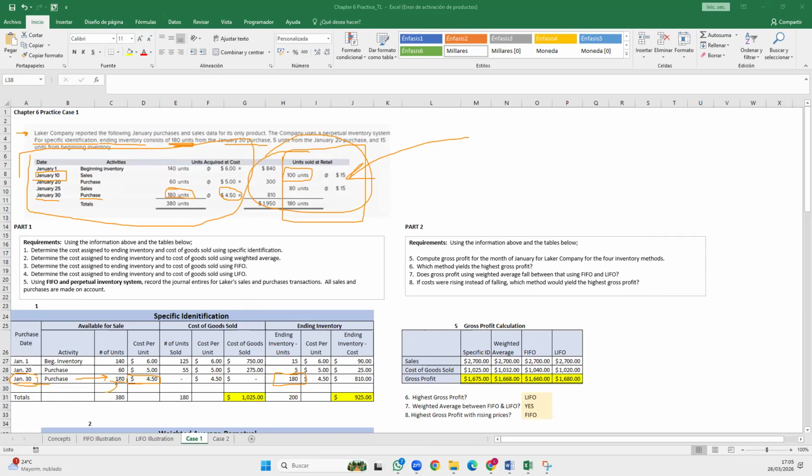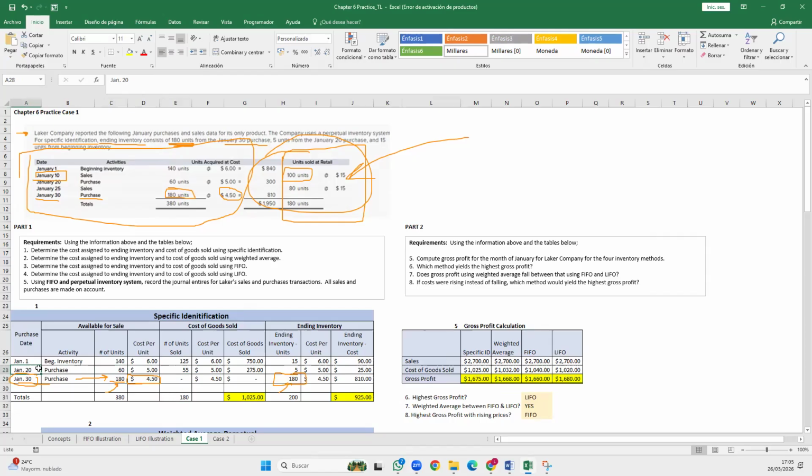If you purchased 180 and your ending inventory for January 30th is 180, it means that no unit was sold out of those 180. As you can see here, I just make a little formula, a subtraction, available for sale minus ending inventory. That's the reason why you see a dash there, indicating that this is a zero quantity.